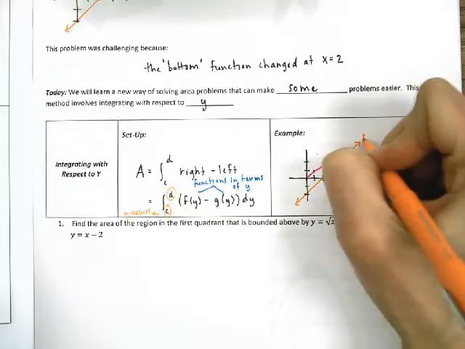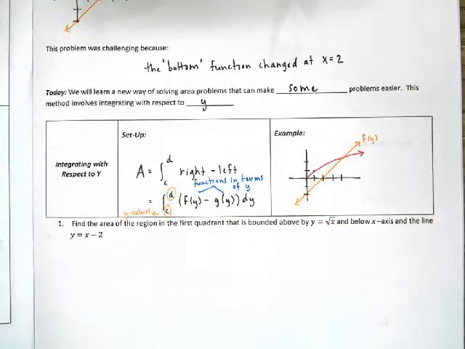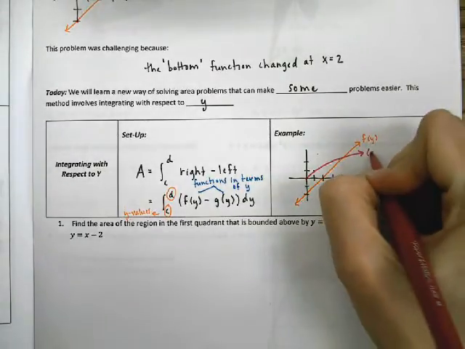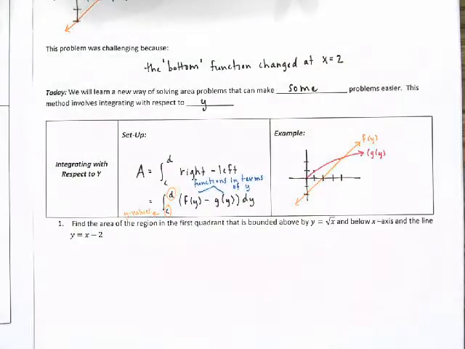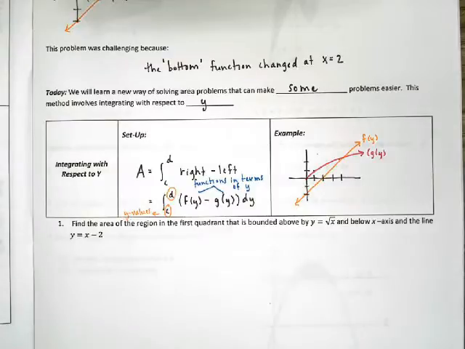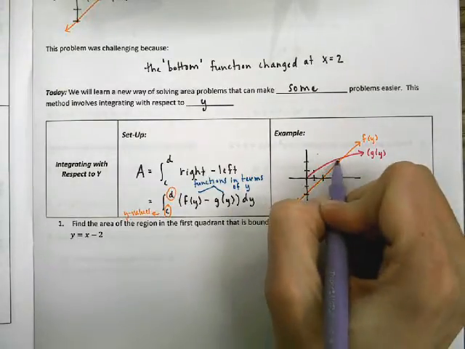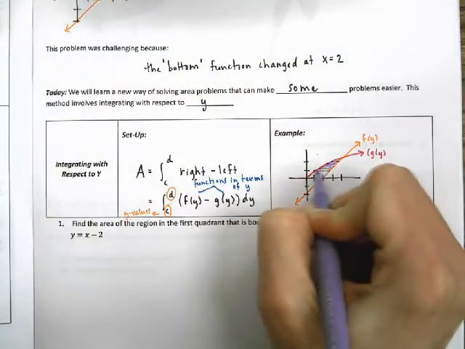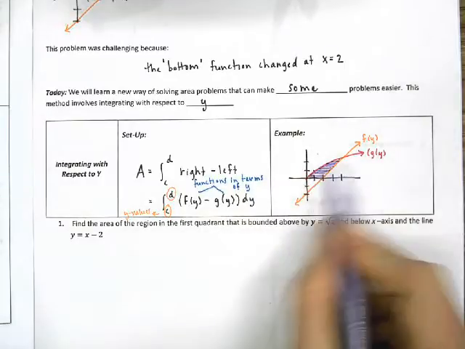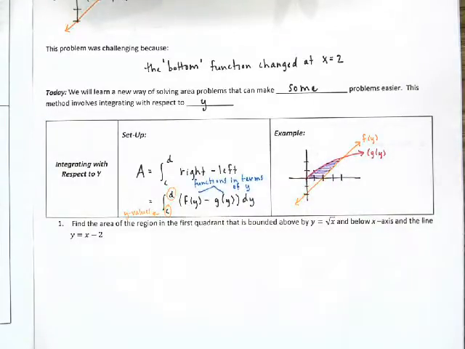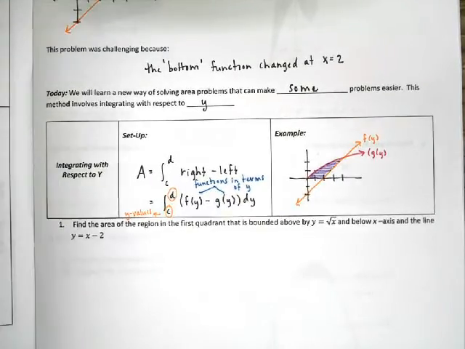Now, if I call my orange line f of y, and my maroon line here g of y, now if I integrate from right to left, I can see my right function is always the orange, and my left function is always the maroon there. So I don't have the need to split this up into two integrals. So actually, we're going to take that problem and do it now with respect to y.